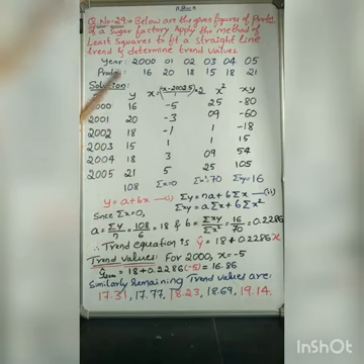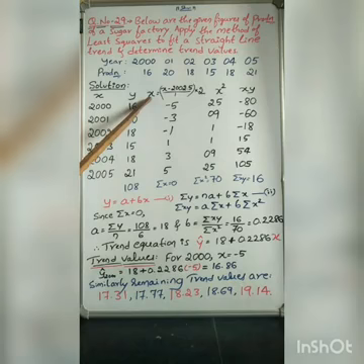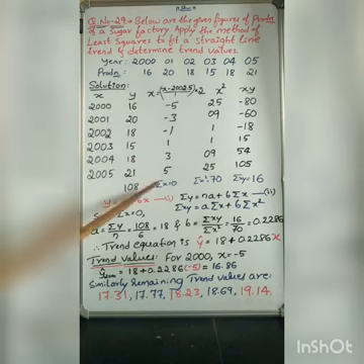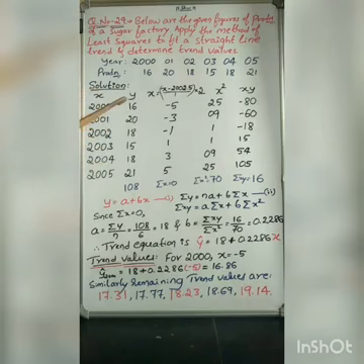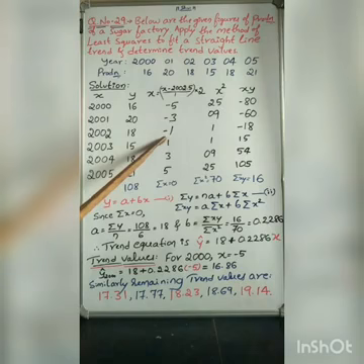After that, we have to calculate. To ease our calculations, and in order to get summation of x equal to 0, these given x time point values, which are 4 digits, have to be reduced in magnitude, as we did in the last video class.